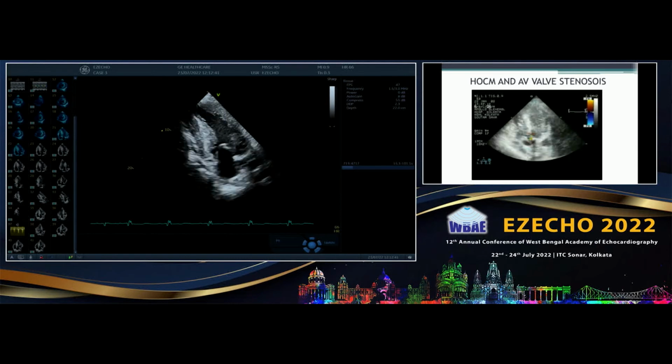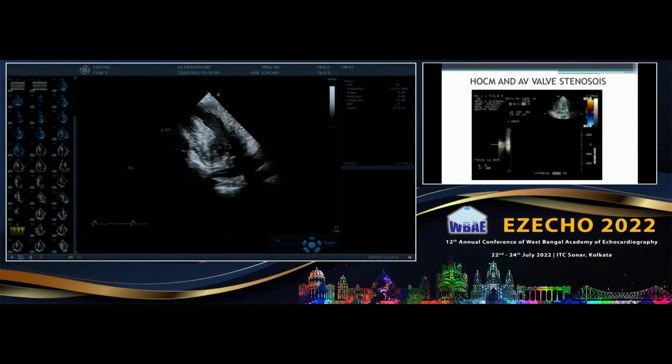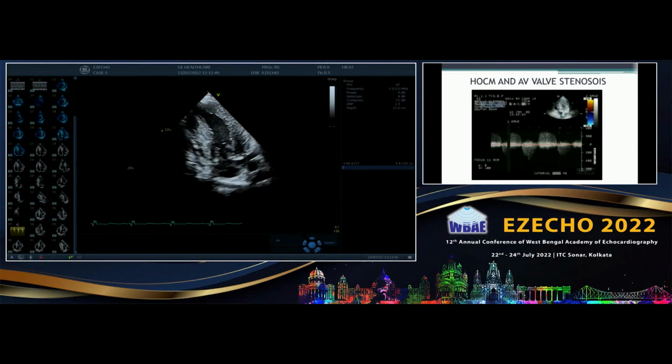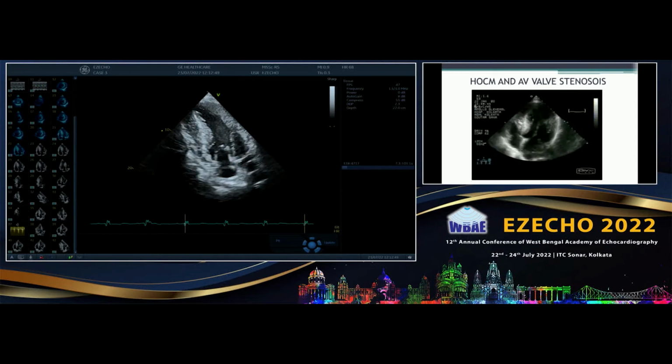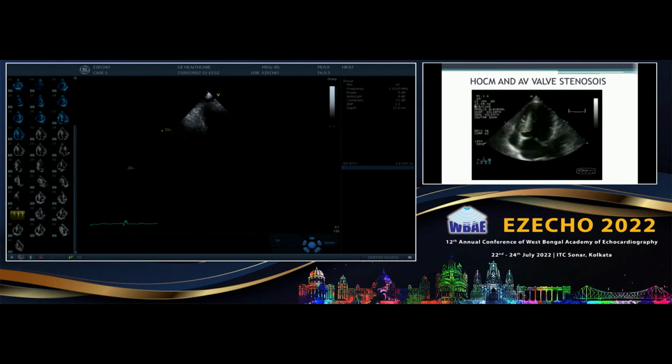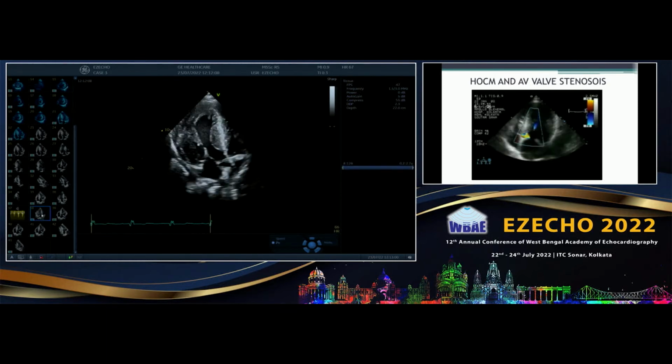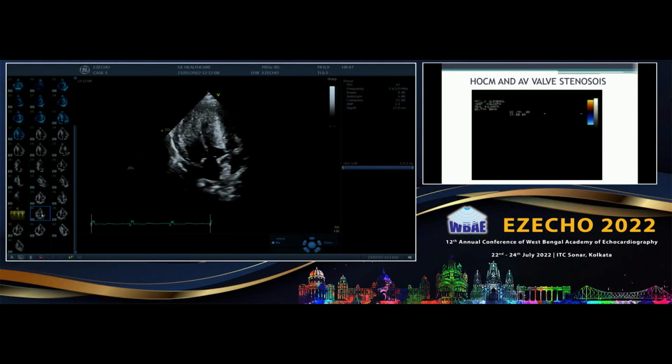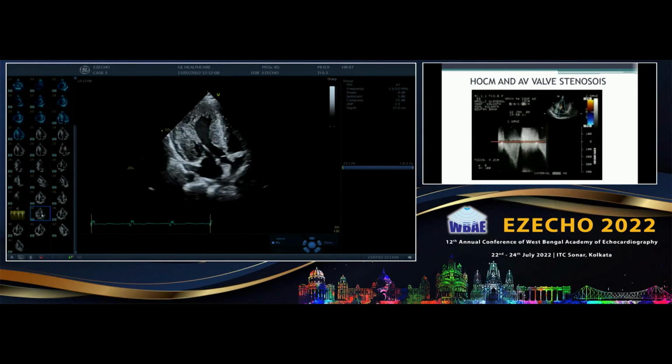If a patient of HOCM has aortic valve disease, then how can you comment about the hypertrophy? I think let's go one by one. That's a very important question. Or hypertension or aortic stenosis. They coexist. Hypertrophy can coexist with amyloid, hypertrophy can coexist with AS, hypertrophy can coexist with hypertension.